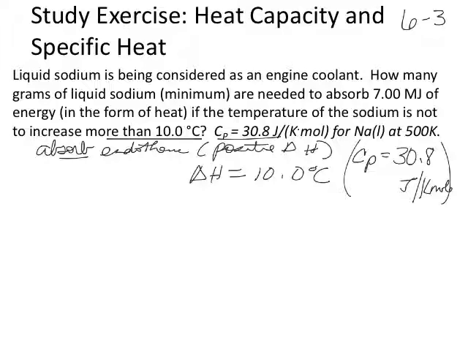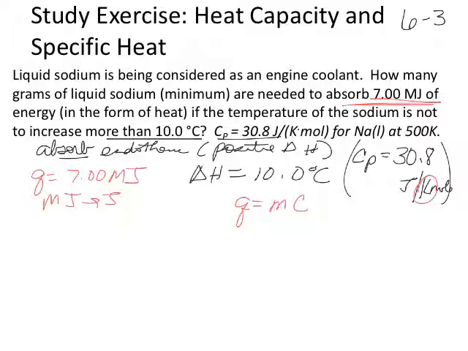And we have how much heat. See the megajoules? So our Q equals 7.00 megajoules. So the first thing I'm going to do is convert megajoules into joules. I'm also going to convert, because this is in Kelvin, and I want to use that in my equation, which is Q equals M Cp times delta T. I'm going to use these units, so I need to convert megajoules into joules, and I need to convert degrees Celsius into Kelvin.